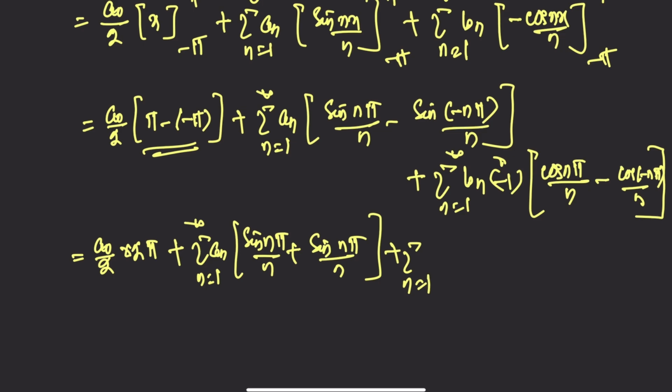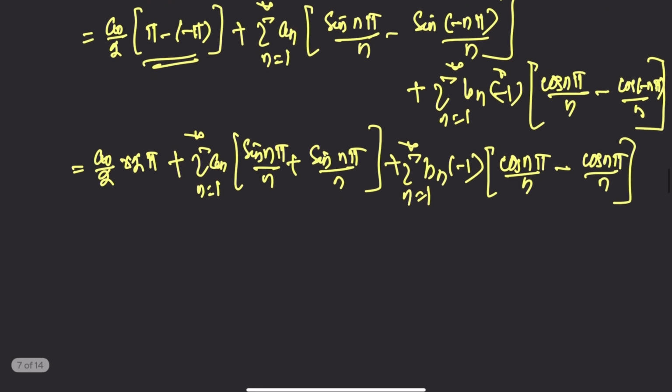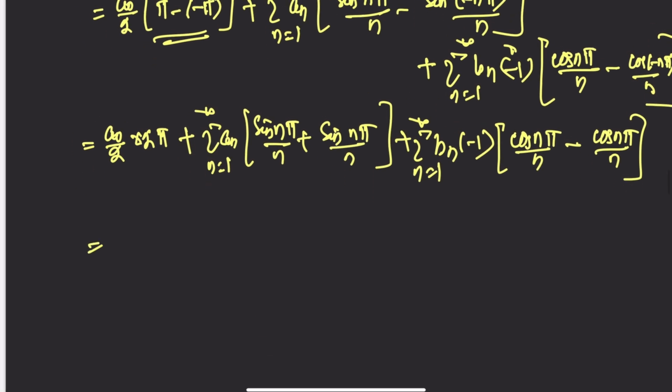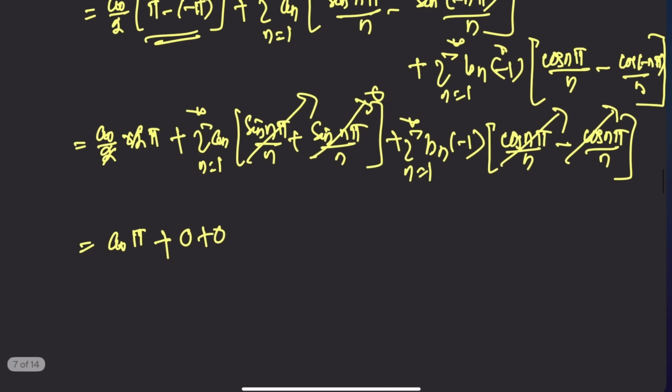The third term becomes minus 1 by n times cos n pi minus cos of minus n pi, and we know cos of minus theta is cos theta. The 2 gets cancelled, so it becomes a0 pi plus, where sin n pi is 0, and the third term also becomes 0.